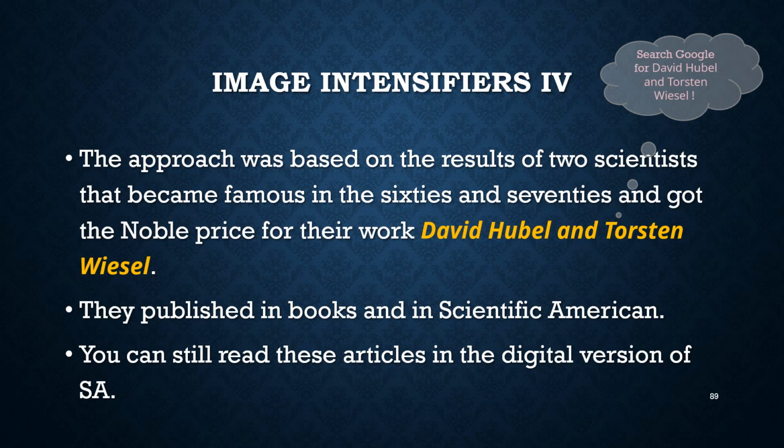The approach was based on the results of two scientists that became famous in the 60s and 70s and got the Nobel Prize for their work, David Hubel and Torsten Wiesel. They published in books and in Scientific American. You can still read these articles in the digital version. Please search Google for David Hubel and Torsten Wiesel.